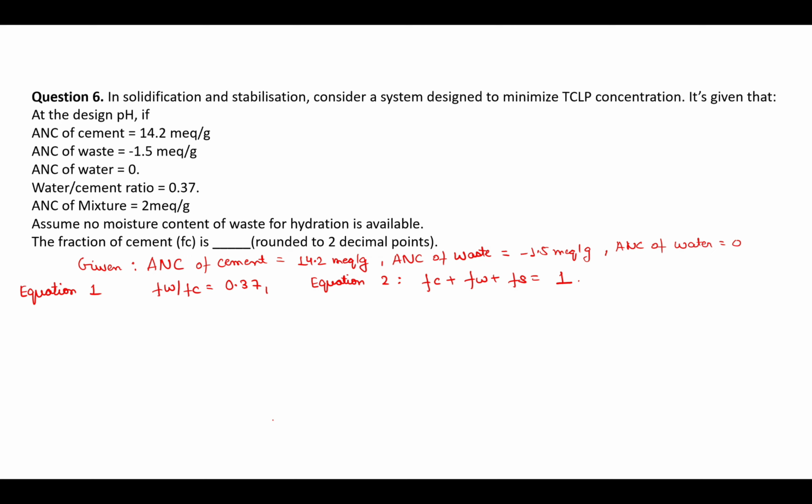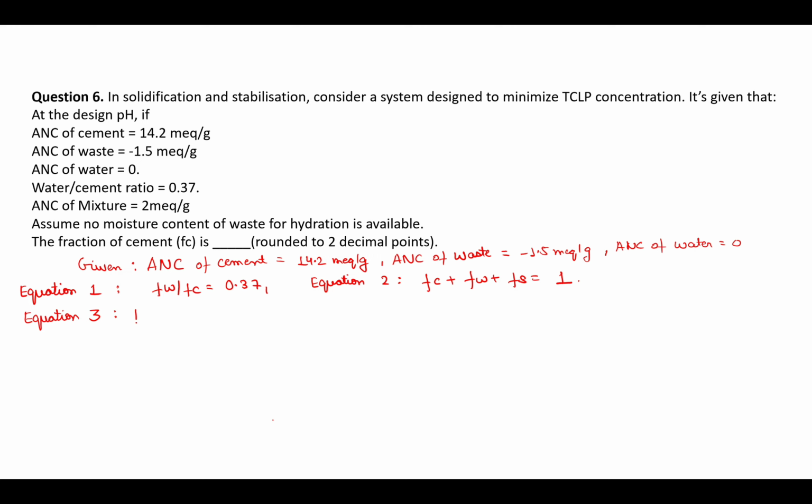And we need one more equation because we have three unknowns, that is Fc, Fw and Fs. So equation 3 will be the ANC of mixture.